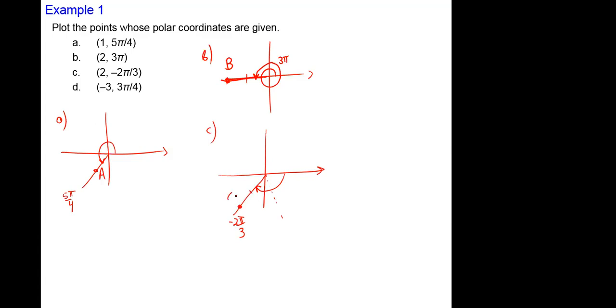And the last one, you notice I didn't put the arrow on the y-axis because we don't have the y. 3 pi over 4, 3 times 45, that's my angle. However, the radius is negative. I have to make a longer line for the corresponding angle in the opposite quadrant, and 1, 2, 3. This is my point D.